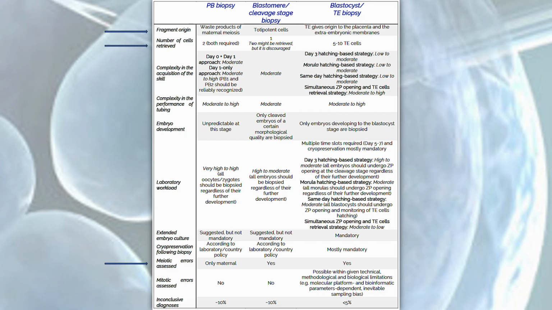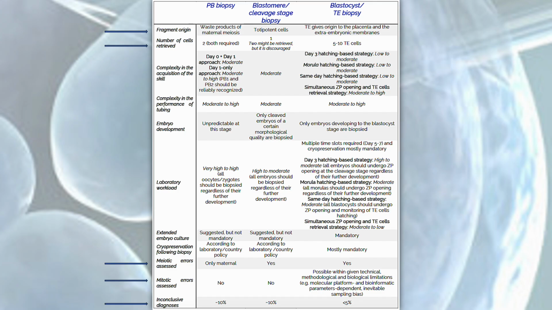The same goes with the blastocyst or trophoectoderm biopsy, where both maternal as well as paternal can be assessed. Mitotic errors. Polar body biopsy cannot tell about the mitotic errors, while the blastomere biopsy also cannot tell about the mitotic errors. While with the trophoectoderm biopsy, it is possible within given technical, methodological and biological limitations. So still it is possible.